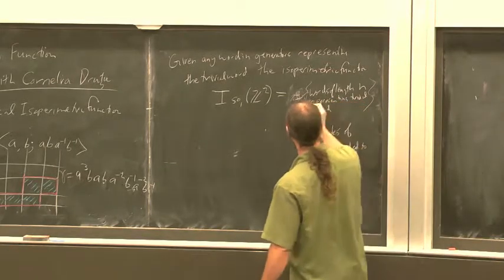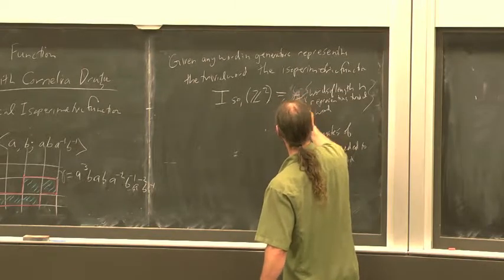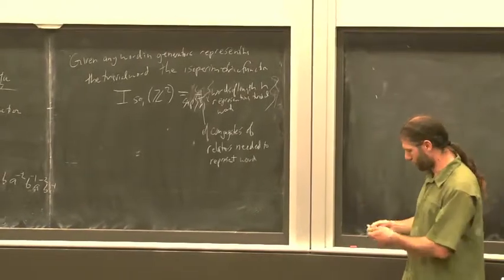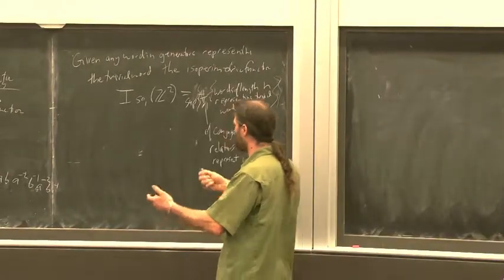Okay, and then you look at the worst of those. So you look at the sup over all words of length n of these ways of representing the trivial word as a product of conjugates of relators.